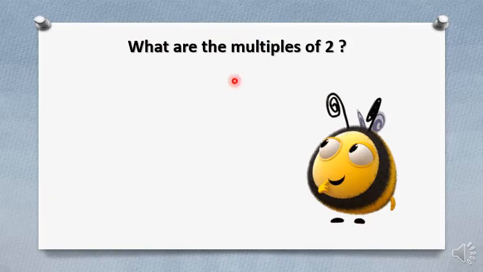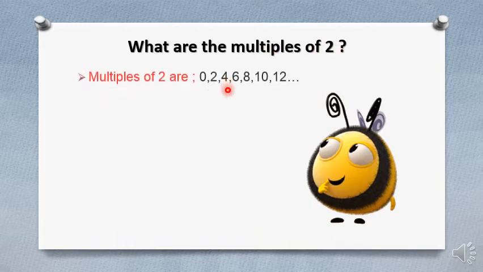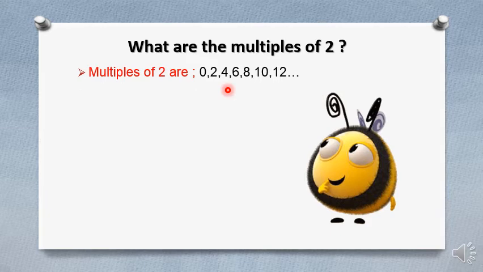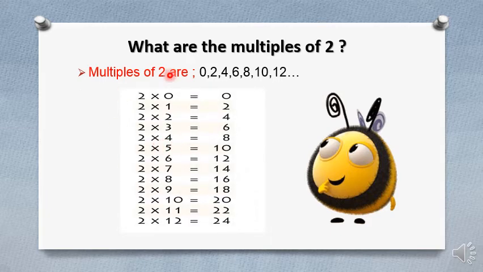What are the multiples of 2? We said that the multiples of 2 are 0, 2, 4, 6, 8, and 10, which we get from the multiplication tables. What do you notice? These numbers are divisible by 2.